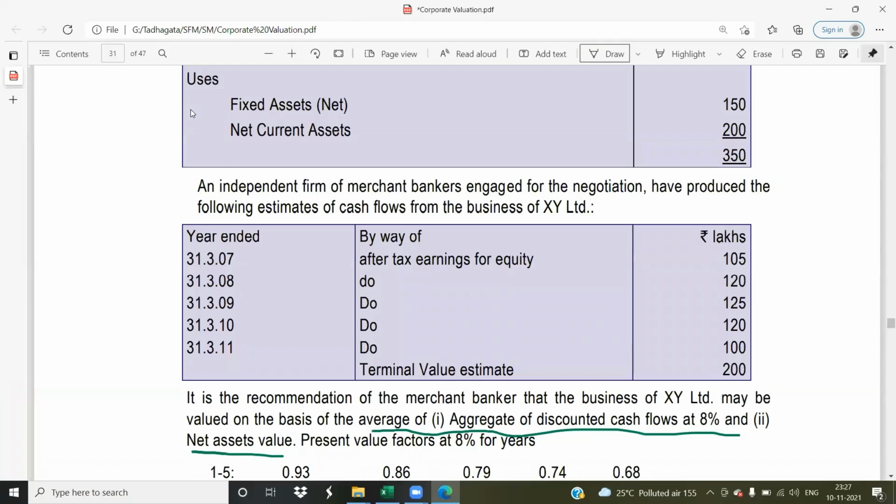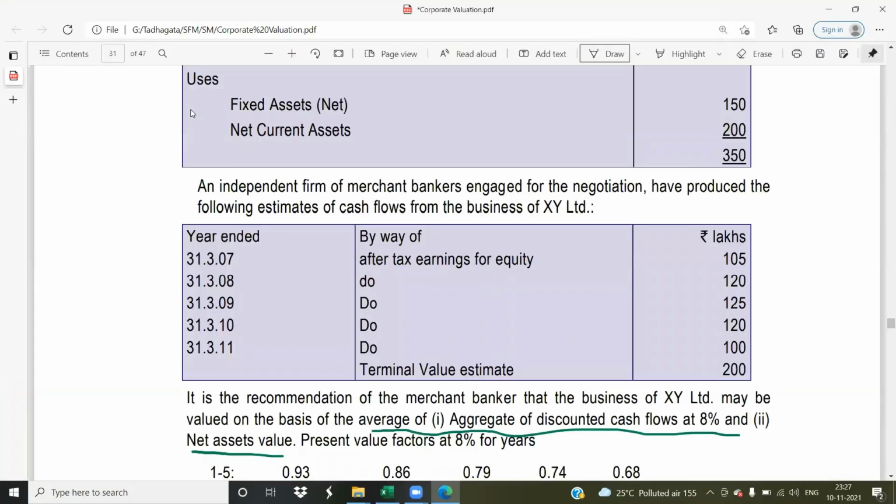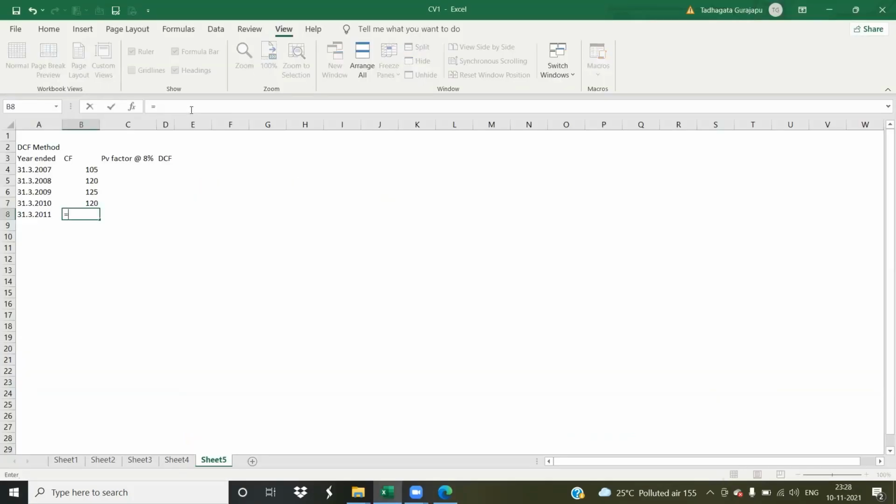105, 120, 125, 120. And last year it is 100 and 200 together. Terminal value estimate is equal to 100 plus 200, so it is 300.